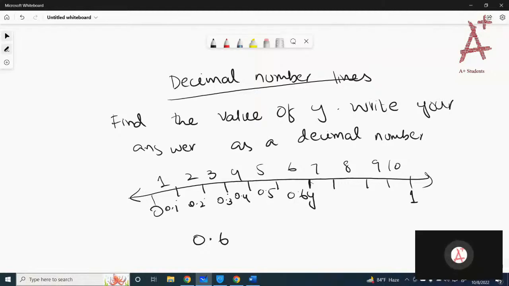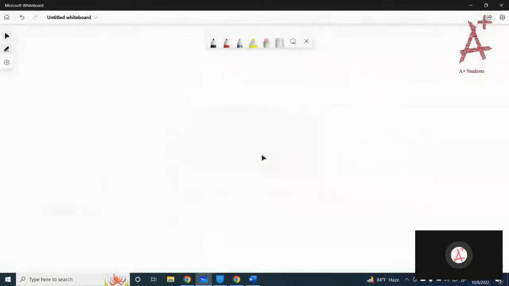Okay, the next one is, you can note down the example. I'll wait for a while. Okay, let's start with another example. Again, you have to find the value of y, write your answer as a decimal, and the number line is 0.